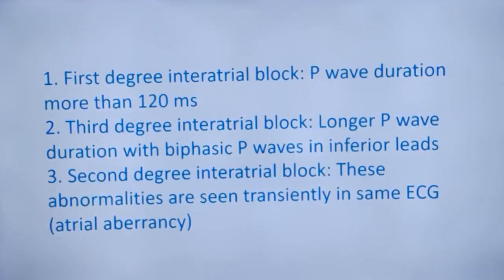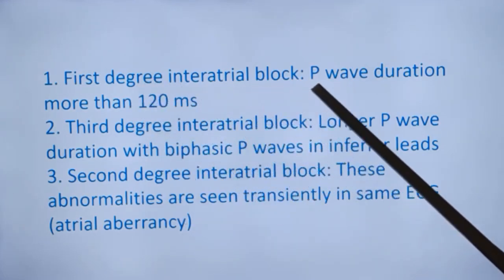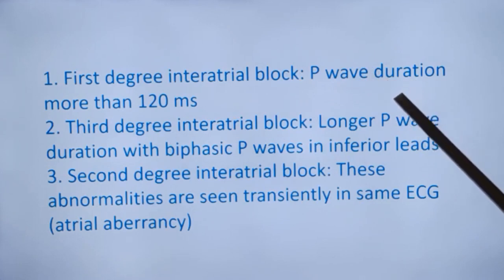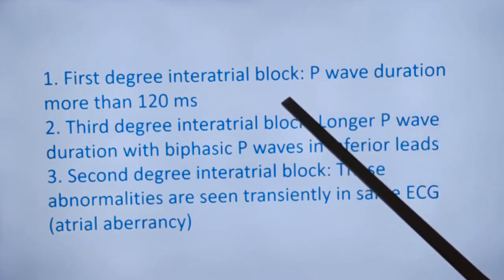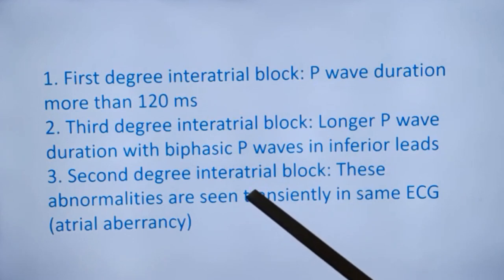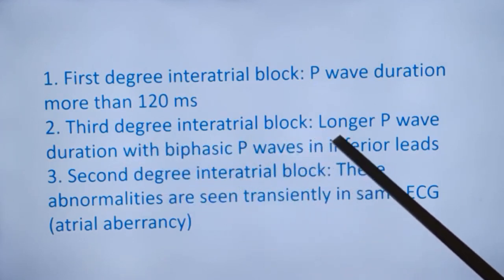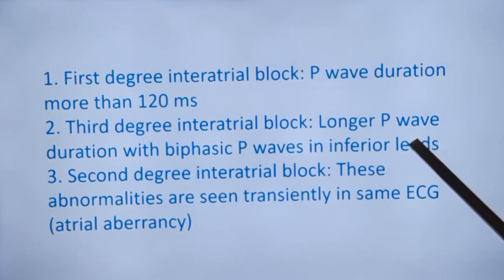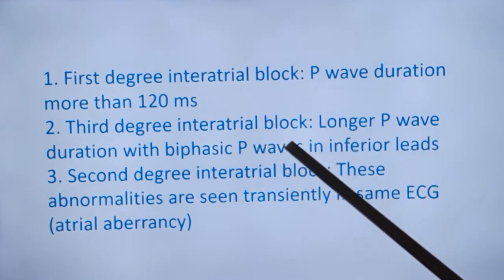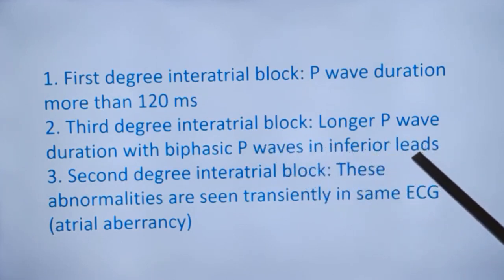Now we will review the classification of interatrial block. First degree interatrial block: P wave duration more than 120 milliseconds, that we have seen in the previous diagram. Second degree interatrial block: longer P wave duration with biphasic P waves in inferior leads.